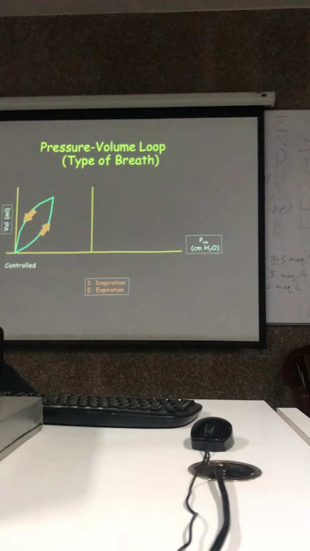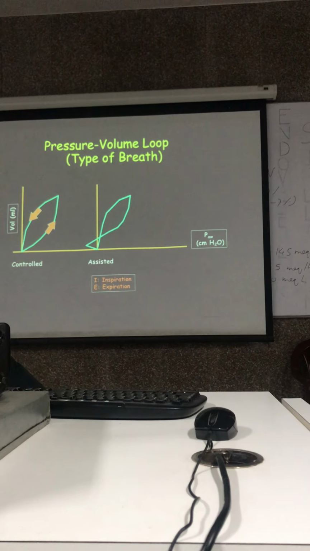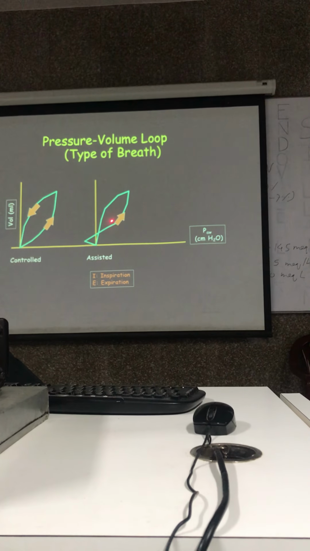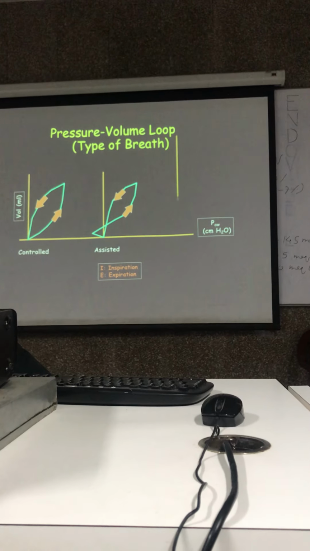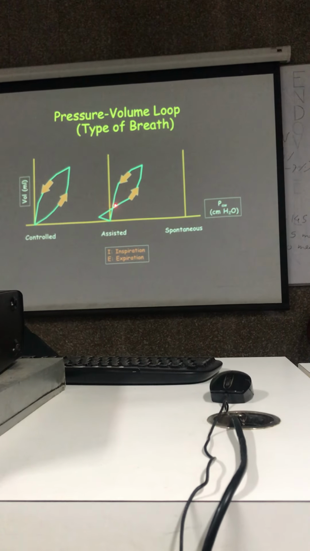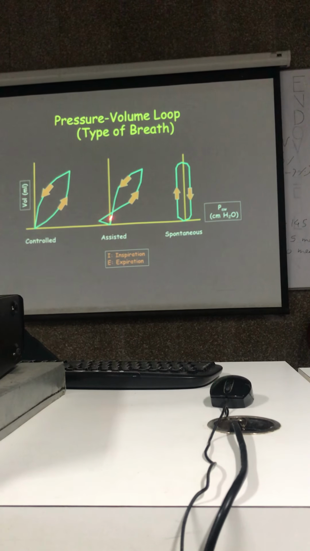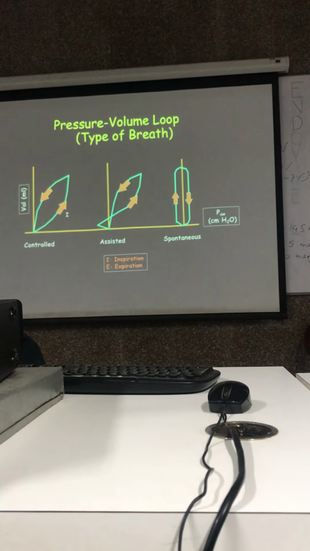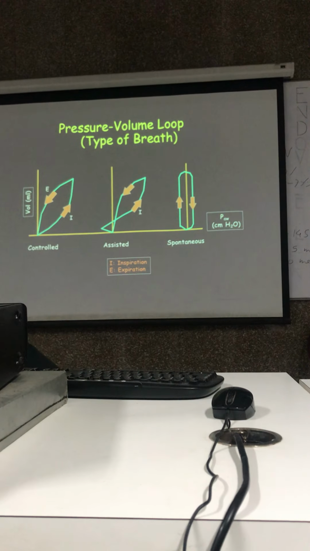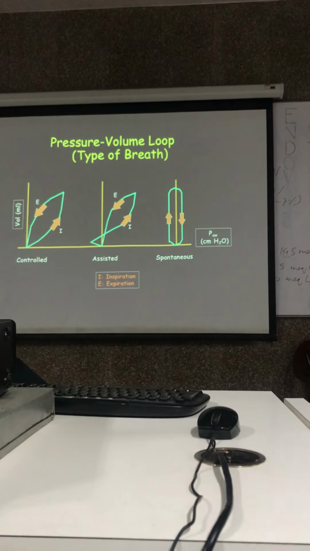Inspiration, expiration. If you take an assisted breath, you will see that it has a pattern like this. It goes like that, comes like that, and it crosses over. Just keep this in mind because it also contributes to determining the work of breathing.